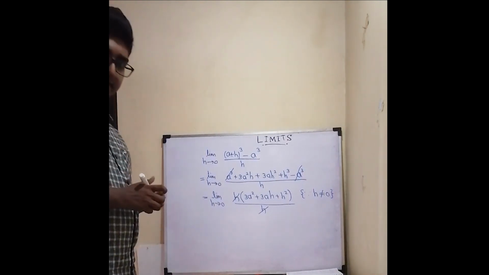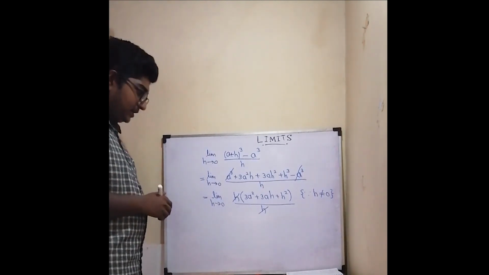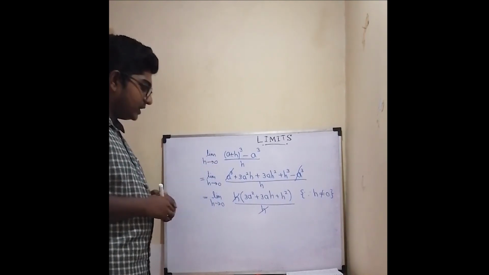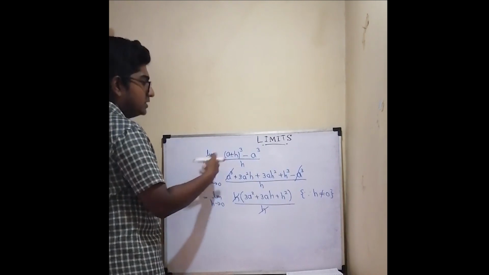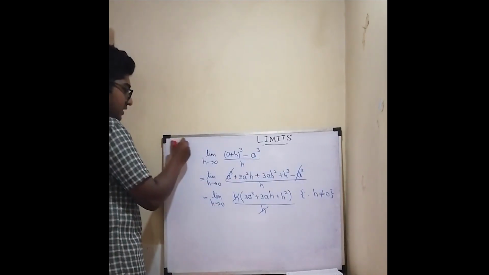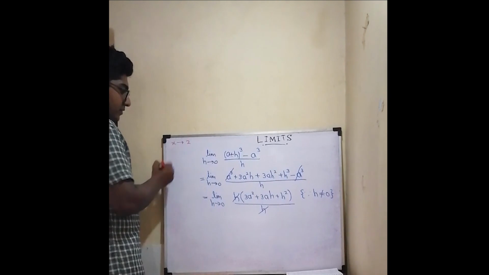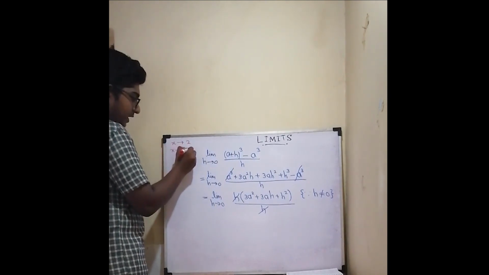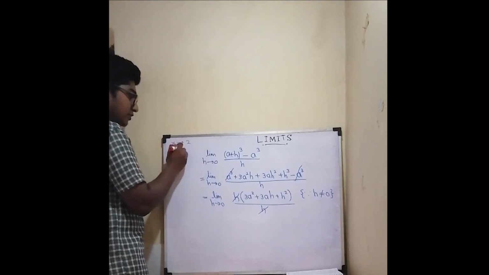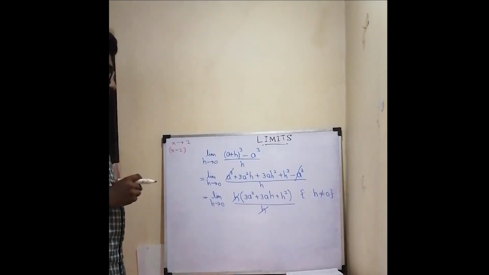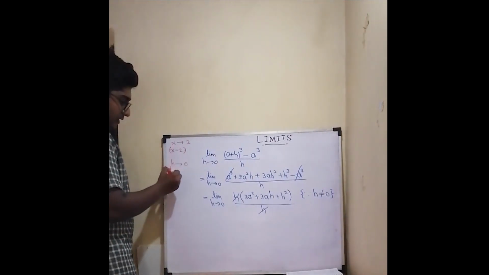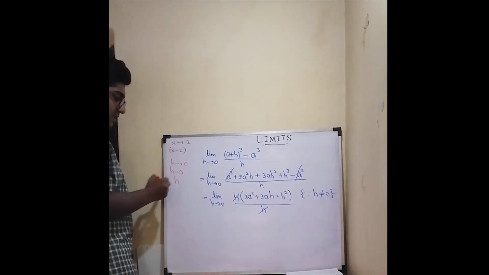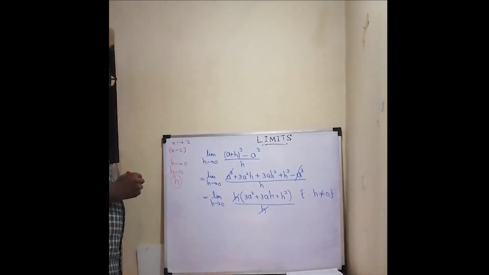Now you can see there is a pattern in these questions. This is the not defined part in the question. If x tends to, let's say, 2, then x minus 2, this is the not defined factor. Take 2 to this side, x minus 2. If it is h tends to 0, h minus 0, that means h is the not defined part.